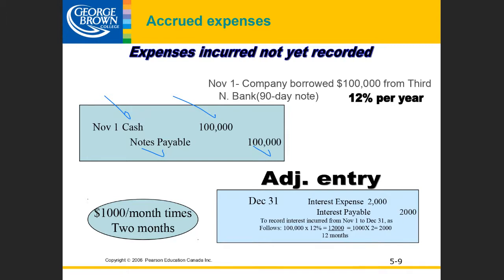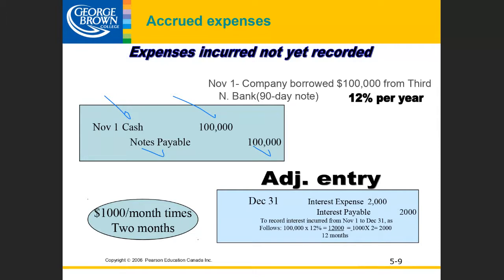But that's $12,000 per year, and you want to know how much per month or for 2 months. So you take the yearly interest amount and divide it by 12 months. That gives you the monthly amount of interest. And then, because we're talking about 2 months in this example, you multiply it by 2. And if we do the math, here we get $2,000.